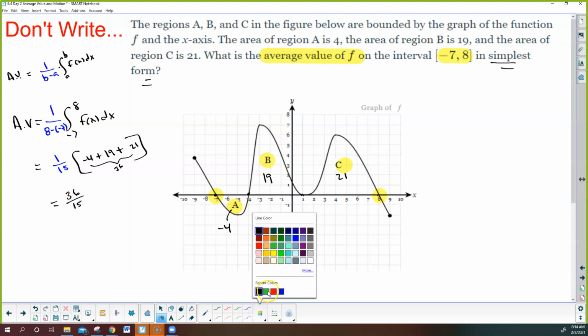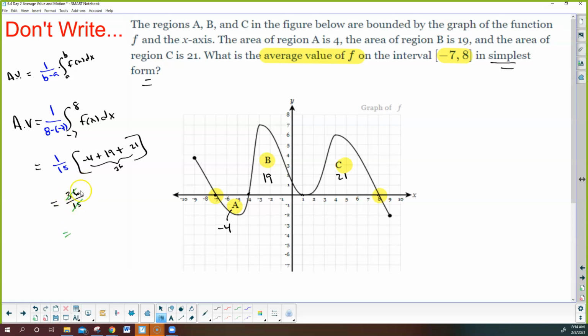And then I can just divide those by 3. Right, so that's the simplest form piece. Sometimes students write that and they forget that they're supposed to simplify. So my final answer would be 12/5. And that's the average value.